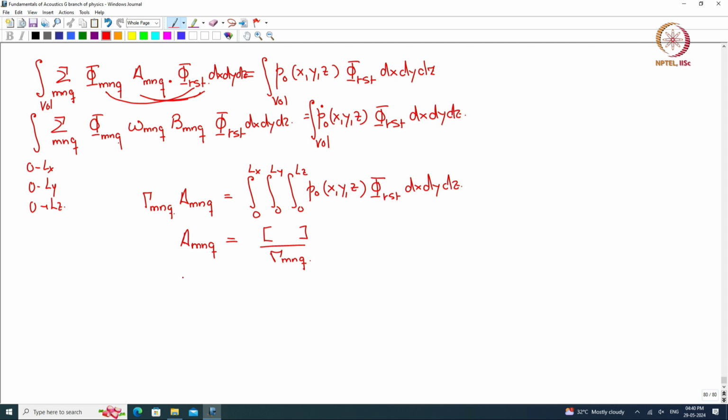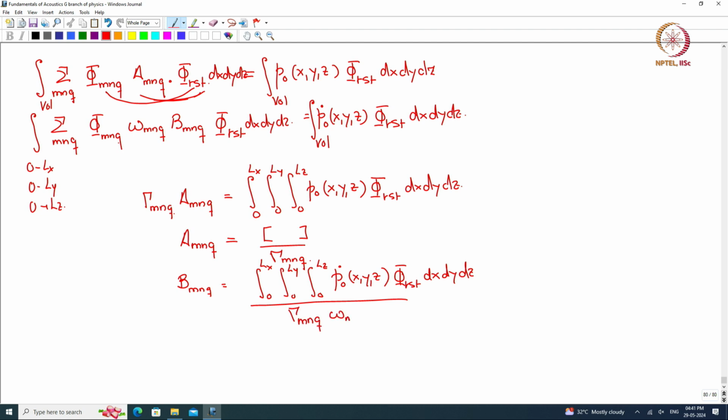By the same logic, B_mnq is the integral from 0 to Lx, 0 to Ly, 0 to Lz of p dot 0(x, y, z) phi_rst dx dy dz divided by gamma_mnq omega_mnq.